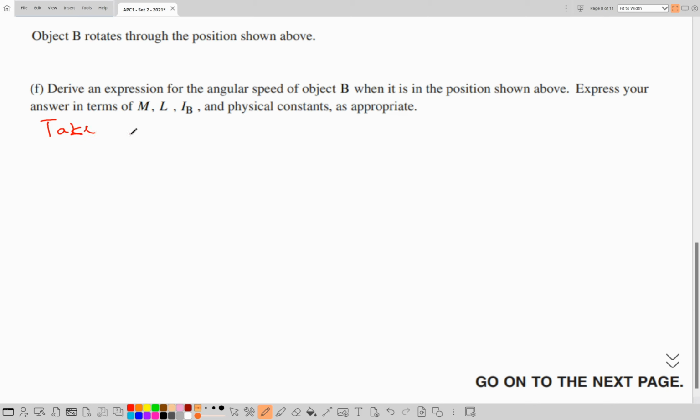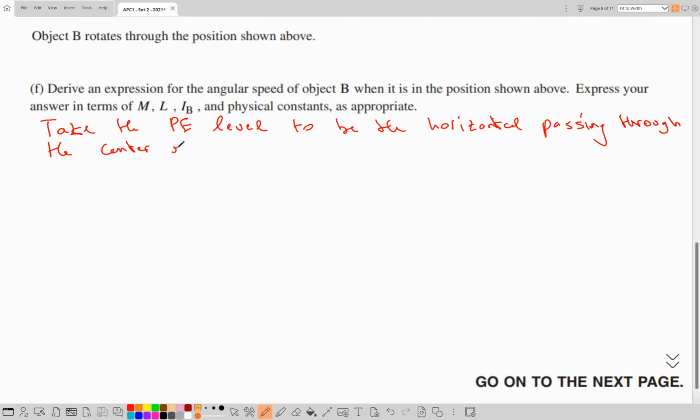Then take the P level to be the horizontal passing through the center of mass when the object is in the final position.